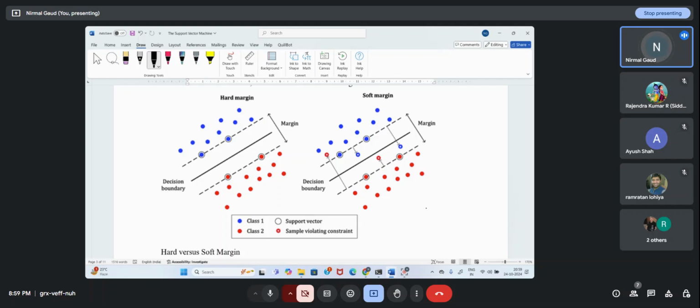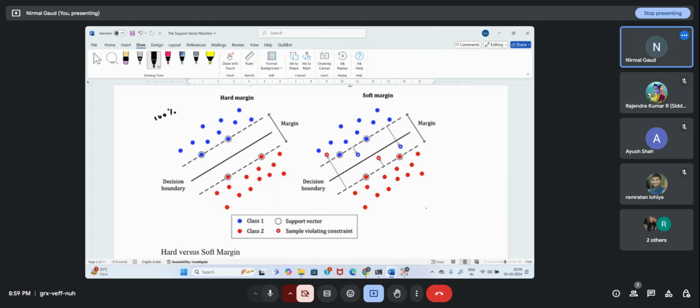This line is clearly classifying the data points. That means here you are getting 100% accuracy of classification. So you have made a margin that is clearly classifying the data points, which is rigid in nature. That's what you are calling hard margin.